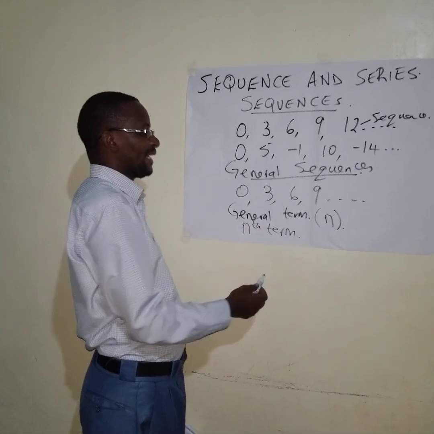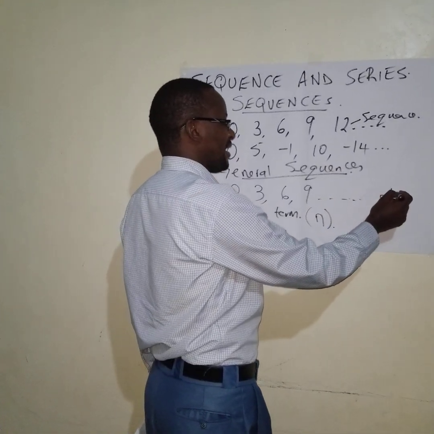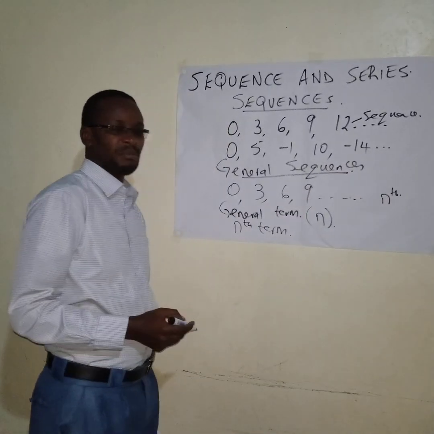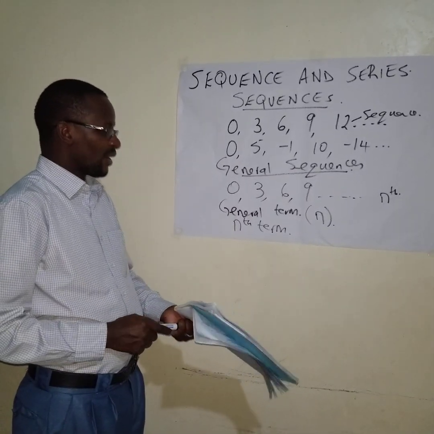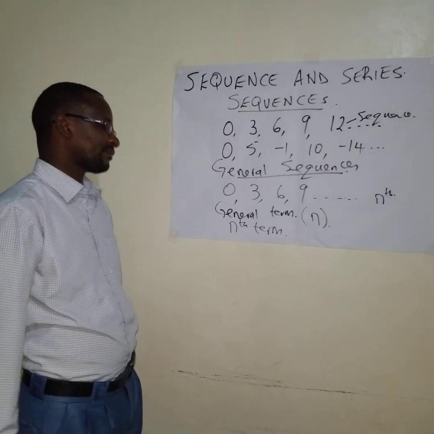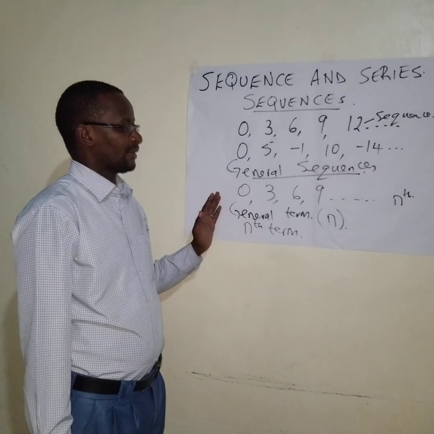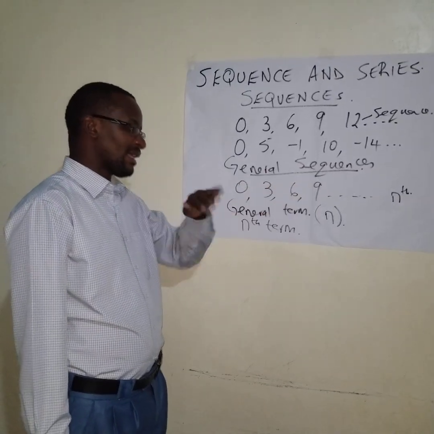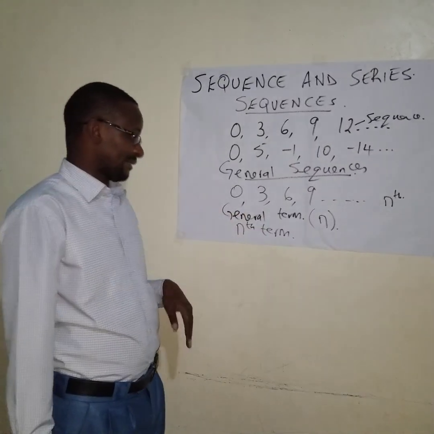How do you get the nth term? If I want to go all the way to an nth term, where n is not specified in this case, how do I do that? There is no specific formula for that one. For general sequences, there is no specific formula of getting the rule. So it is a trial and error.